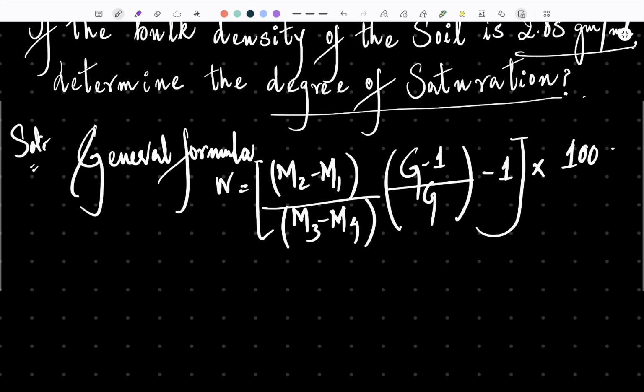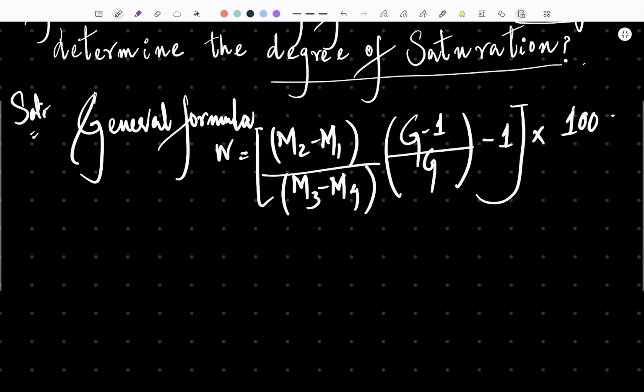All right, now we have to know what M2, M1, M3 and M4 are. Let me tell you. In the pycnometer method for determination of water content, M1 is the mass of pycnometer, wherein I just told you that the pycnometer is a glass jar of about 1 liter capacity, fitted with a brass conical cap by means of a screw type cover, and it usually has a small hole of about 6 mm diameter at its apex.